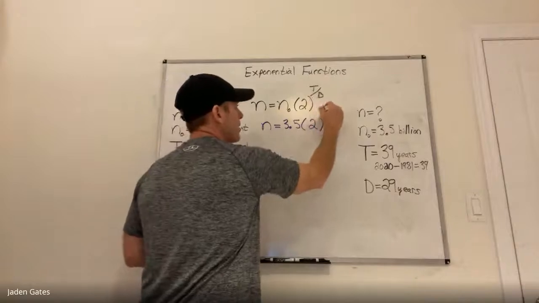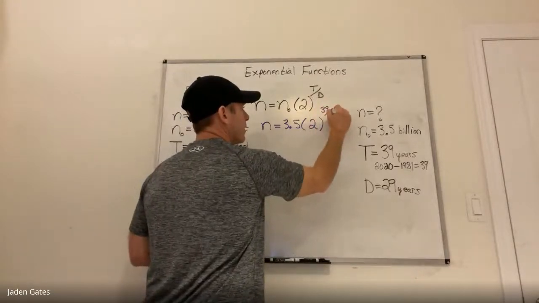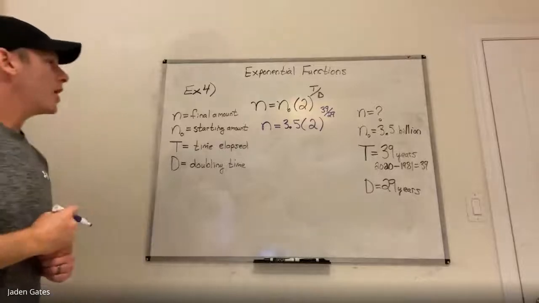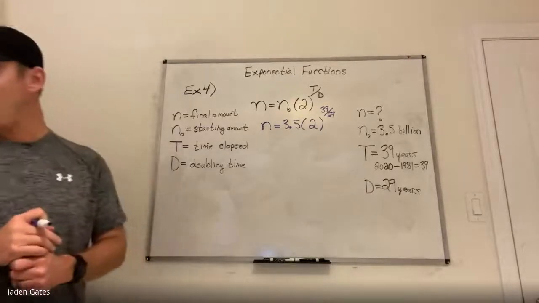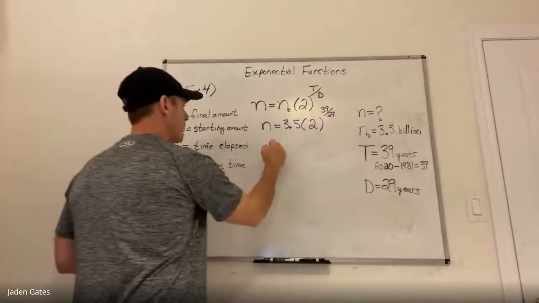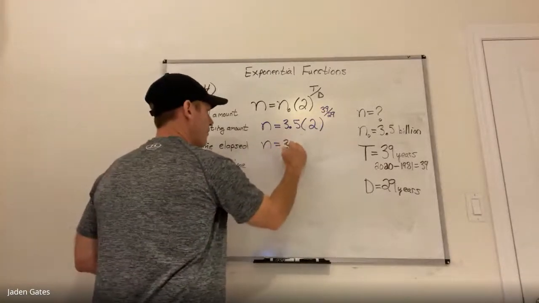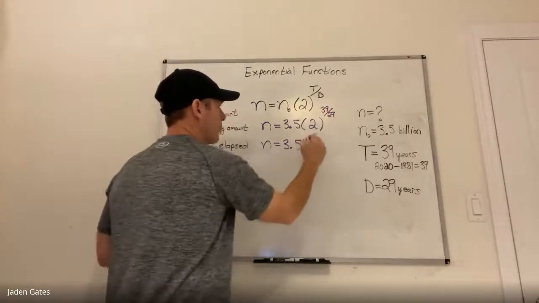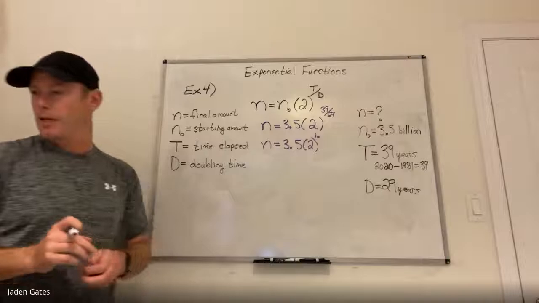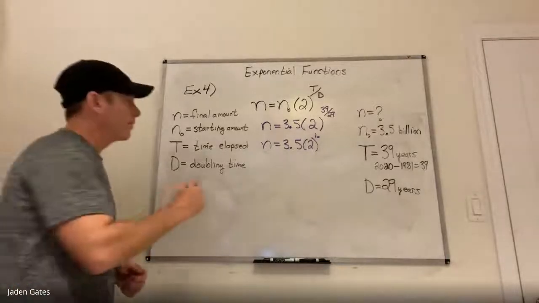So I'm going to have a 39 divided by 29. All right, so now I'm just doing BEDMAS, but I'm going to have to simplify that exponent first. And so I've got N is equal to 3.5 times 2, and then my exponent there is going to be 1.34.